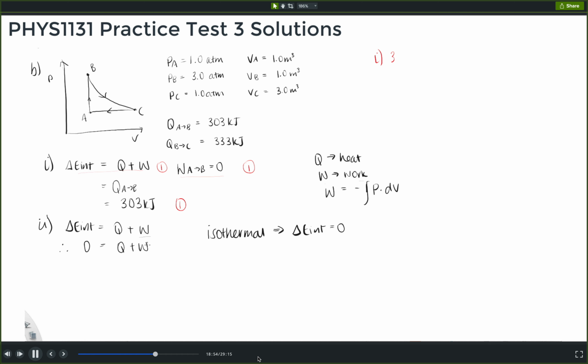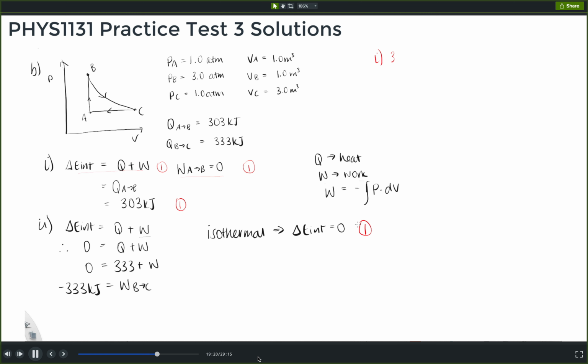We were also told that 333 kilojoules of heat enters the system during the process. That means that Q is 333. Therefore, the work done on the system as it goes from B to C is negative 333 kilojoules.